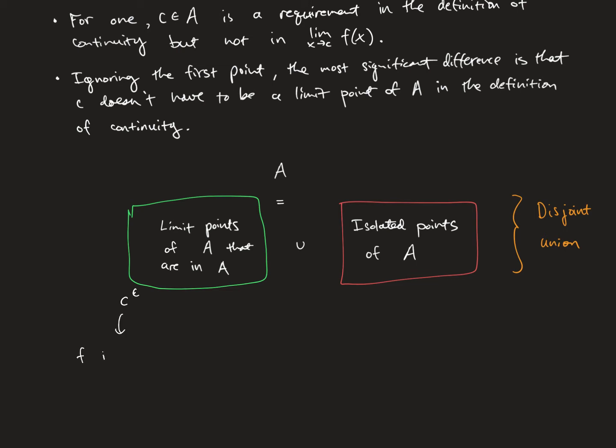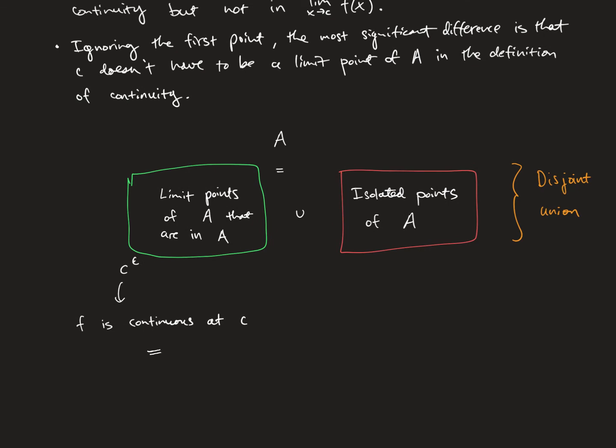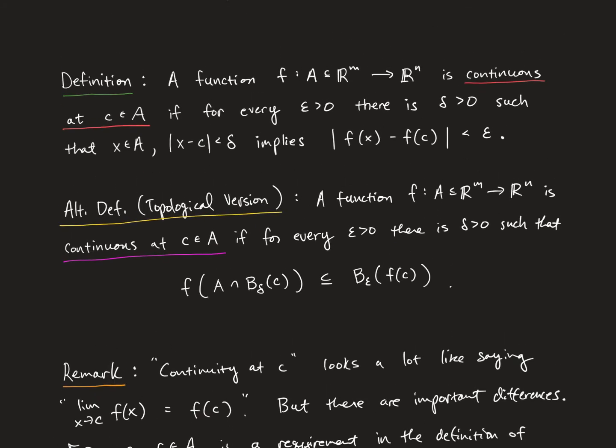Then saying that f is continuous at C, it's easy to see that that's just equivalent to saying that the limit as x approaches C of f of x equals f of C. Right, it makes sense to talk about the limit as x approaches C because C is a limit point of A. And then it's really easy to see, just because it's the same kind of call and response definition for limits as it is for continuity.